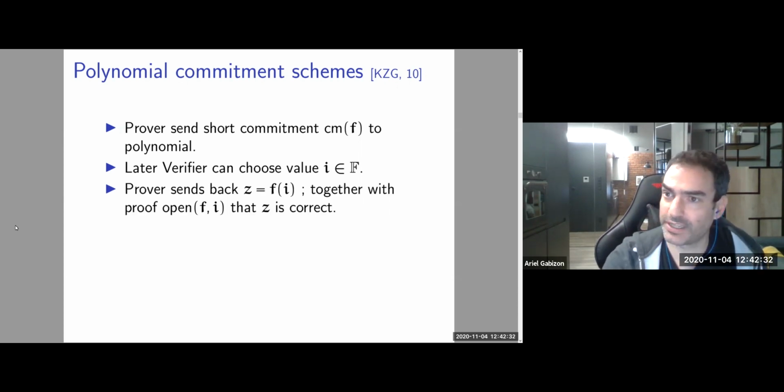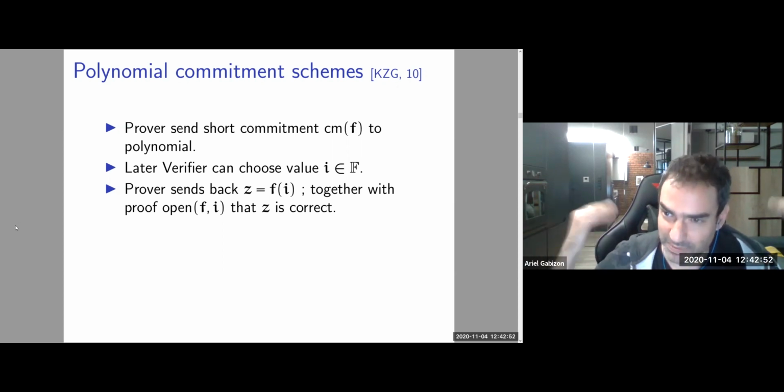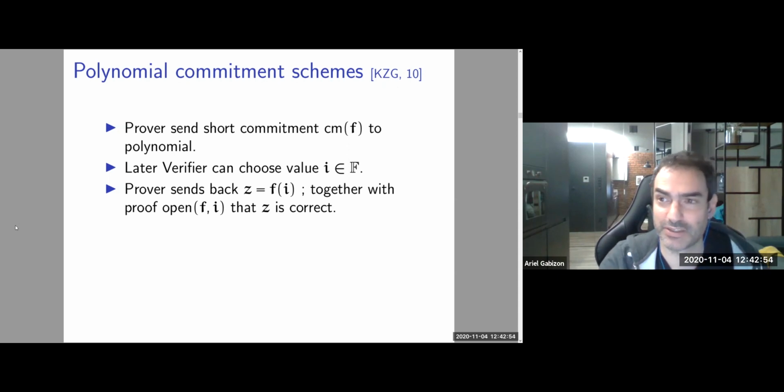And then the prover can send just the value of the polynomial f at this point, together with a proof, let's call it open, that this is really the value of the f that the prover had in mind during commitment time.